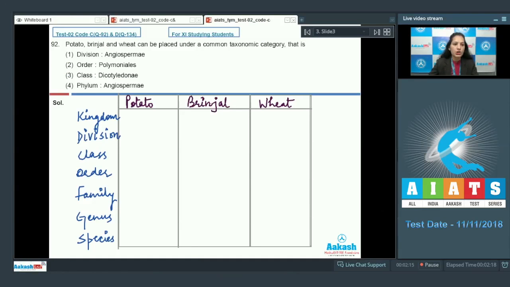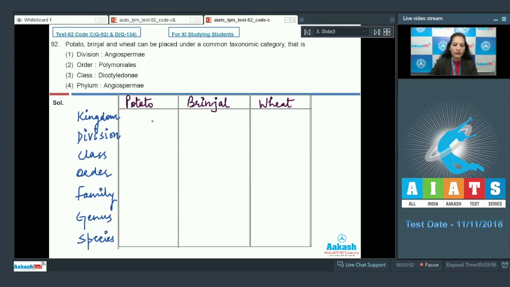Question number 92. Potato, brinjal and wheat can be placed under a common taxonomic category, that is, first option, division Angiospermae, second, order Polemoniales, third, class Dicotyledone, and fourth, phylum Angiospermae. Here you have to find out the common category among potato, brinjal and wheat.